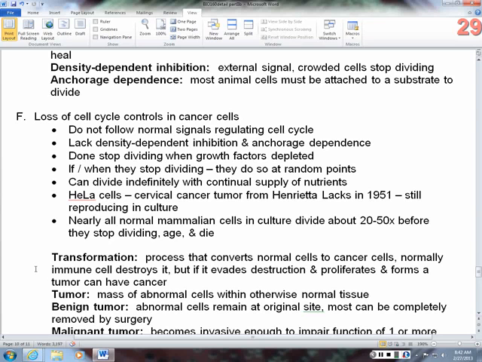A lot of other cells ended up being contaminated by these. It's an interesting story how these cells were spread all over the place. They use the first 2 letters of her first name and last name, and HeLa is how they got their name. They're used for a lot of research because they replicate over and over again. You're not limited to those 20 to 50 cycles.